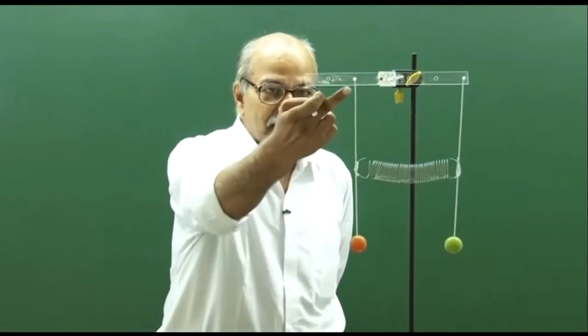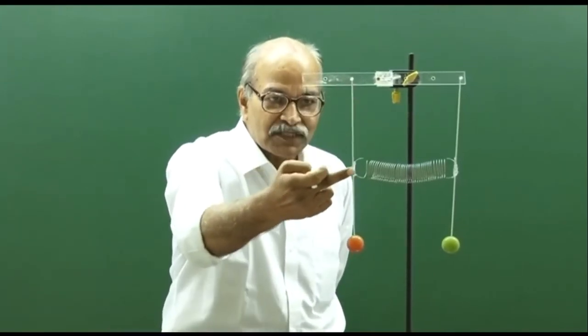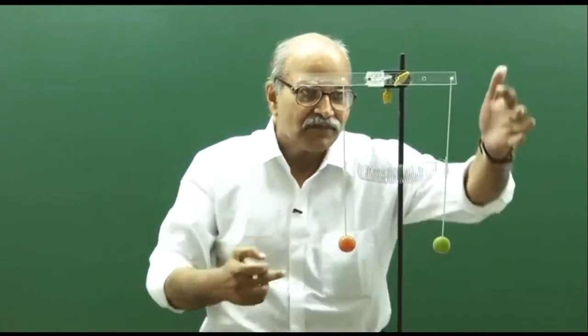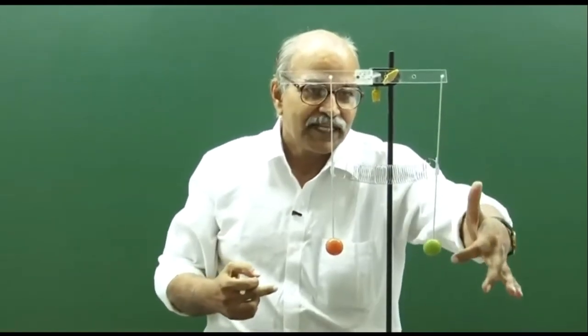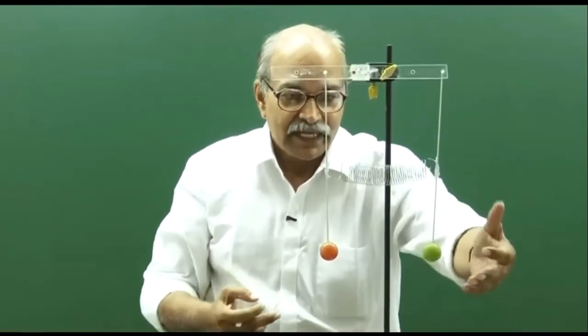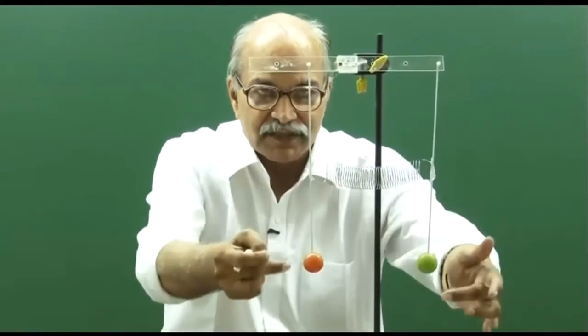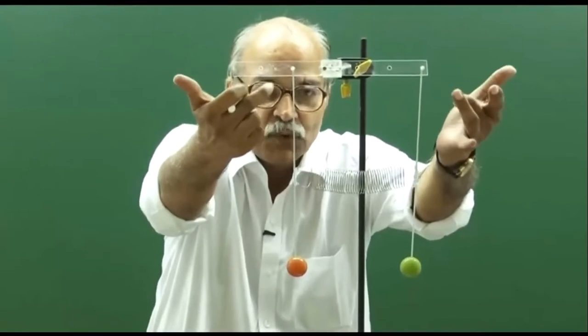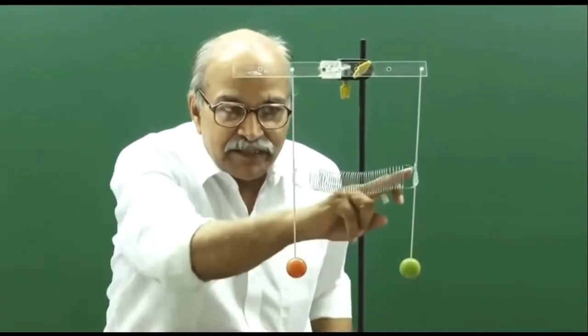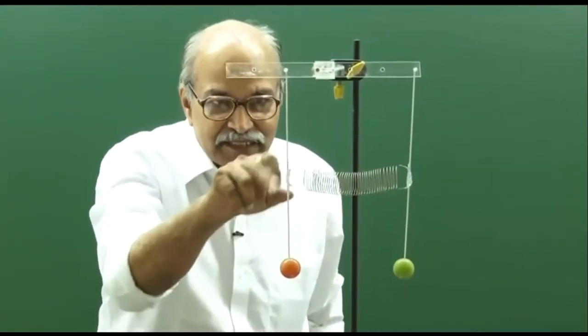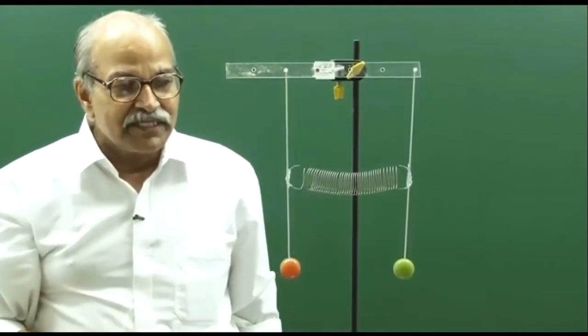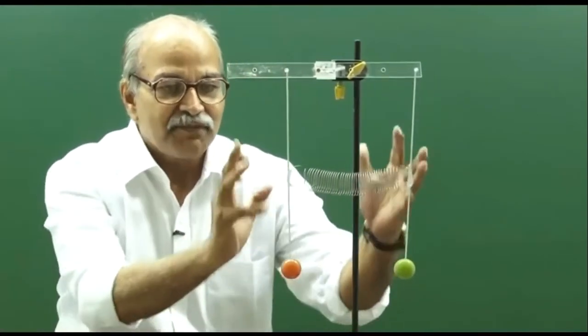You have two light rods, which are actually cycle spokes, and two balls attached to these rods, suspended through these holes. The spring you are seeing here, connecting the two rods, is essentially the interaction mechanism.